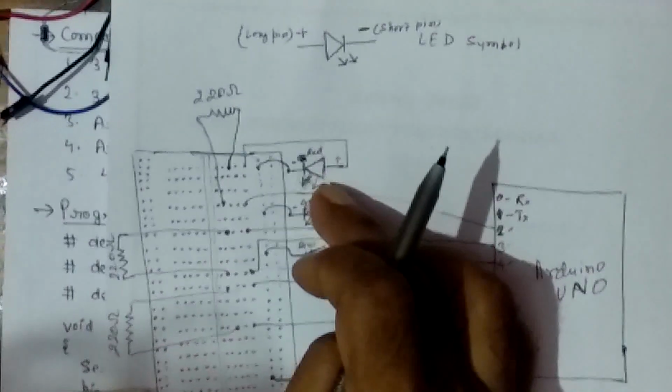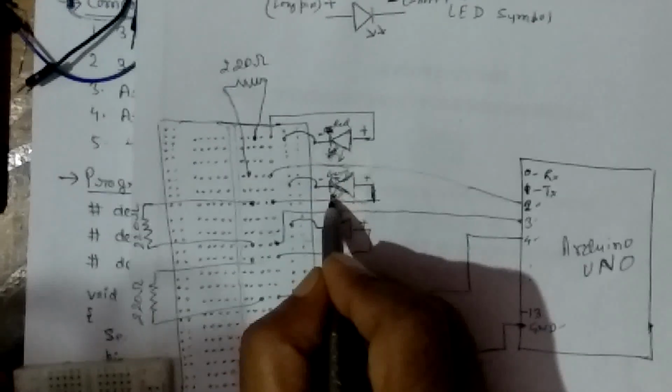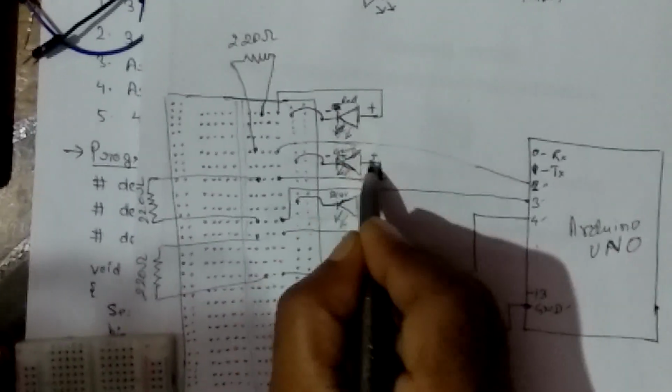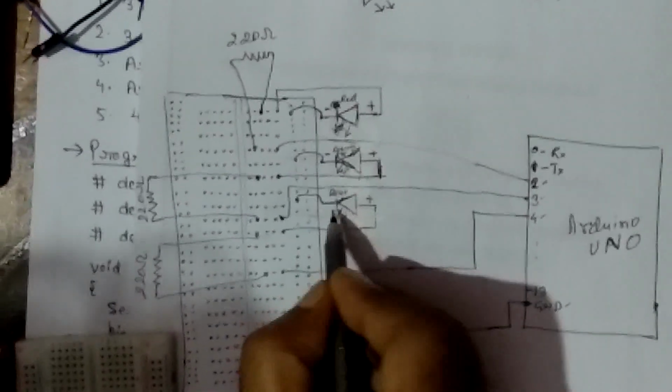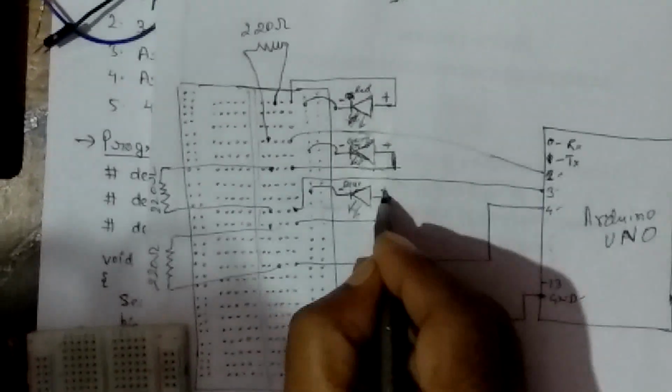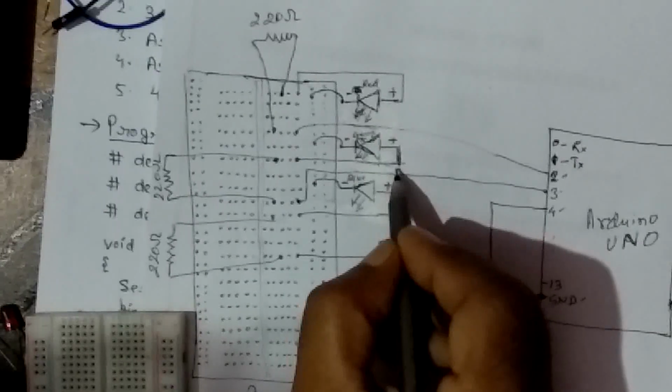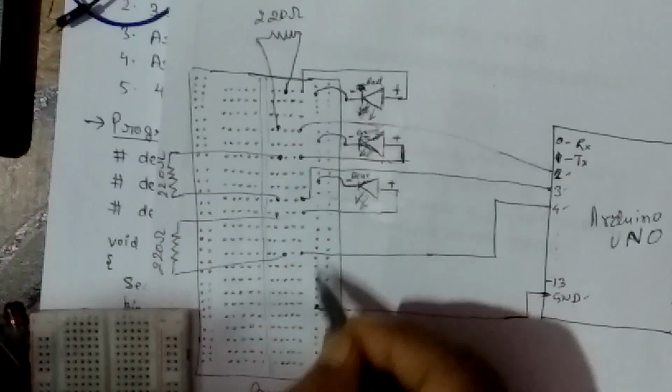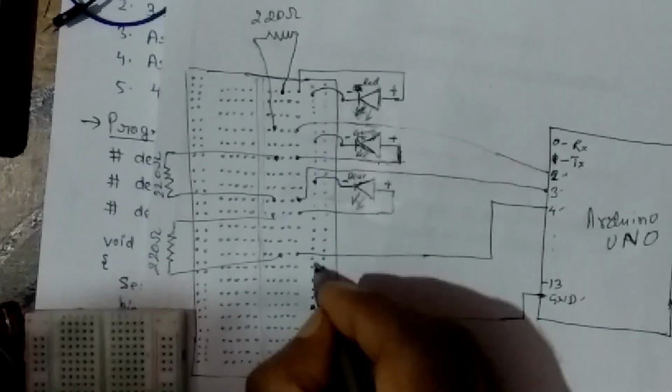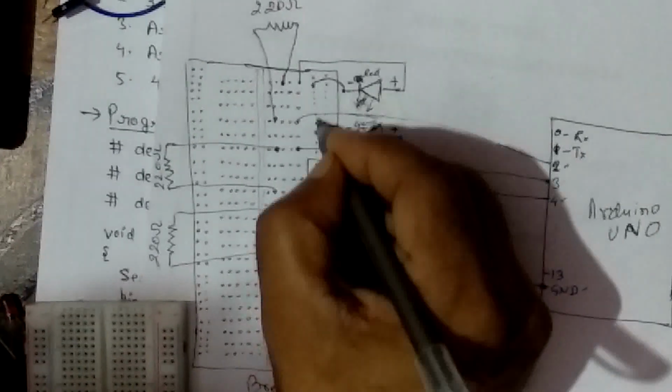Similarly, the second LED has minus and plus, the third LED has minus and plus, and this minus is connected with this ground. The short pins of all 3 LEDs are connected with this second row, so they have a common ground, and this ground is connected with the Arduino ground.